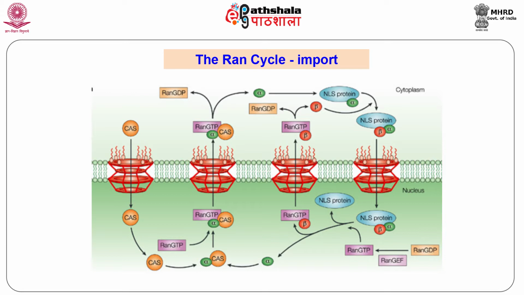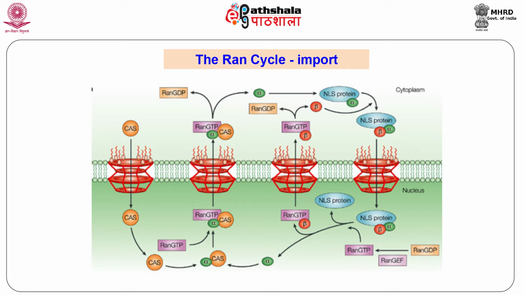Whenever importin RAN GTP complex reaches the cytoplasm, RAN GTP undergoes hydrolysis and becomes RAN GDP. Once RAN GDP is formed, importin can no longer bind to it and so it is released. The importin is now free to go again and form complex with another cargo molecule.